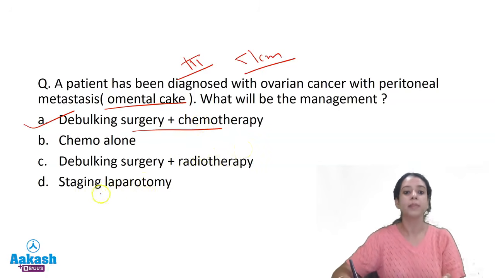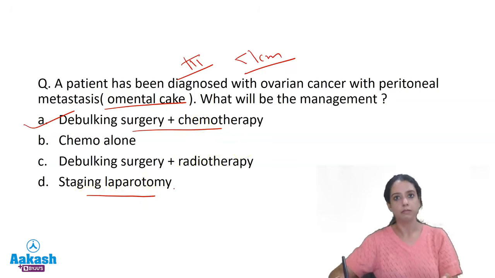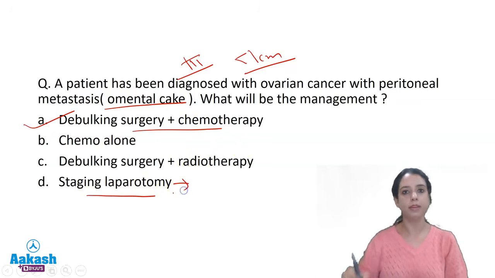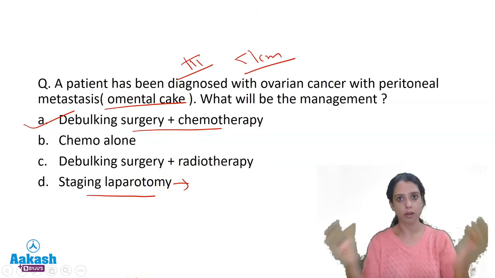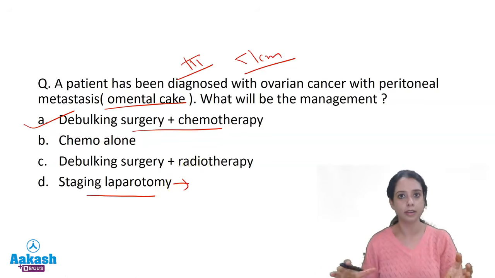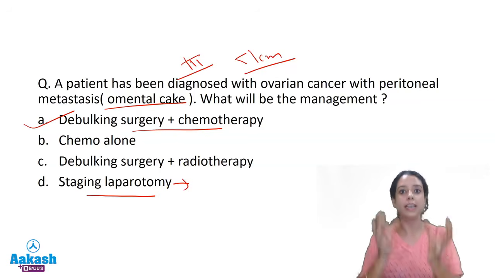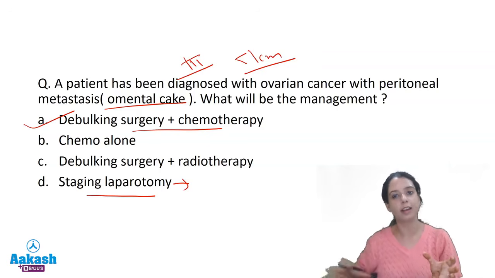Staging laparotomy. Staging laparotomy is also a treatment for ovarian tumor. Staging laparotomy means you open the abdomen with a vertical incision, take all the samples, remove the uterus and ovary, and take a cytologic sample and omental sample to stage the tumor. When you need to stage, you do a staging laparotomy and take all the samples.